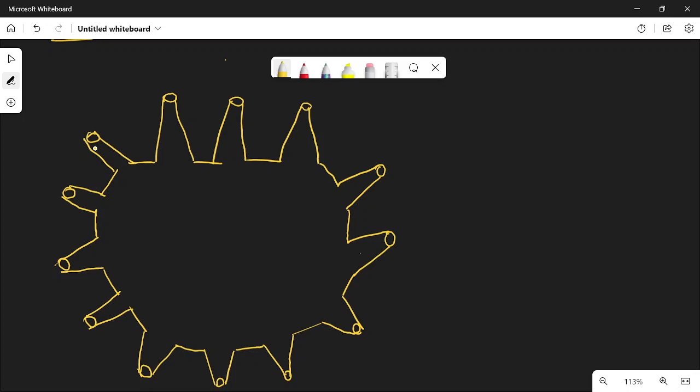So something like this is what happens, but each of these things are inverted.